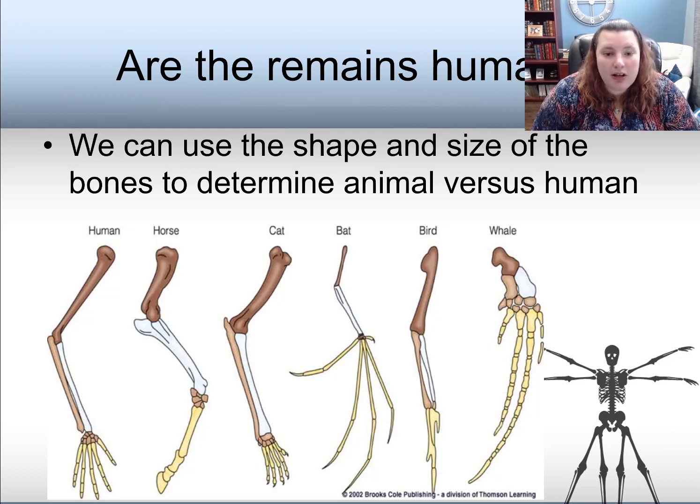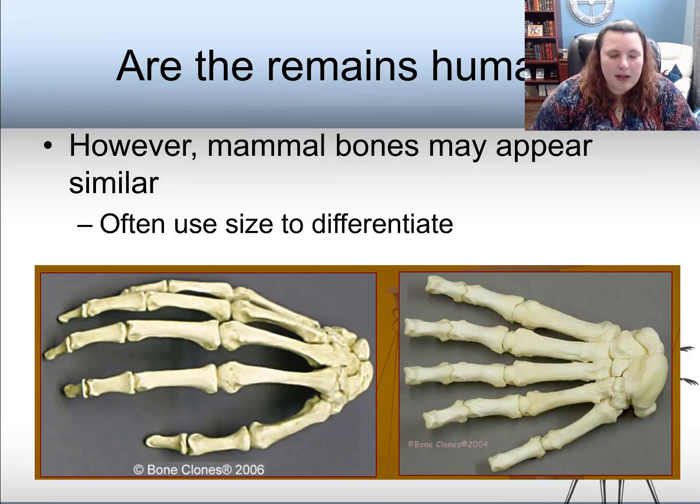Forensic anthropologists will also use the shape and the size of the bones to help distinguish between human and animal bones. This slide here shows you some common animal arm bones. You can see that each has a similar number of bones, but the structure and the formation of the bones are much more unique. Distinguishing between humans and other mammals, though, is much more difficult because mammals tend to share similar bone structures amongst themselves.